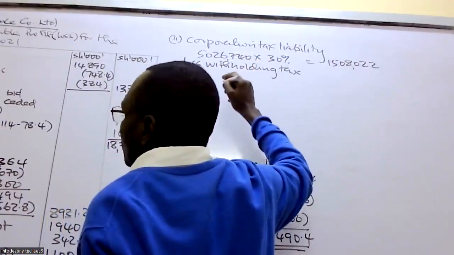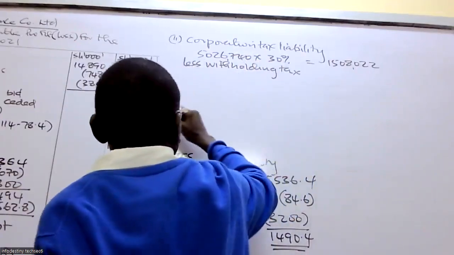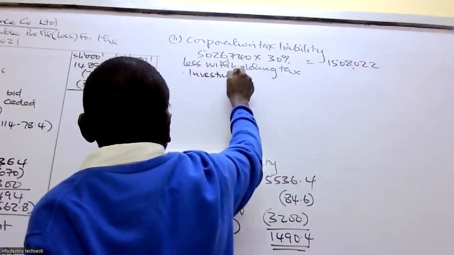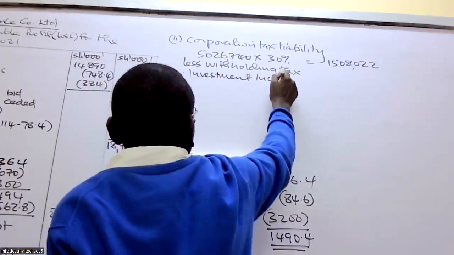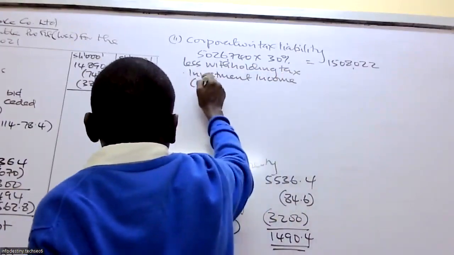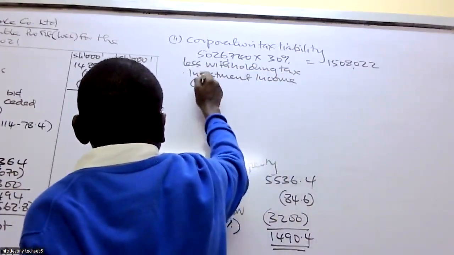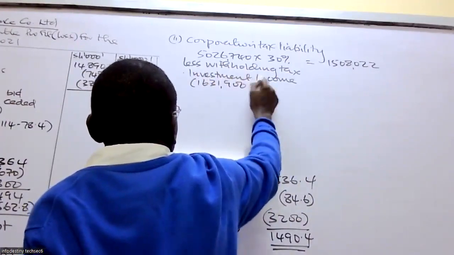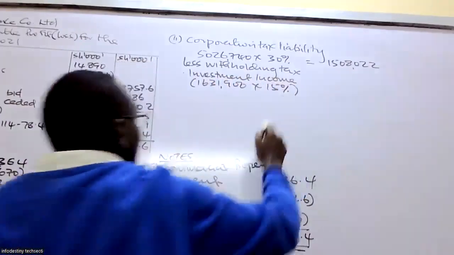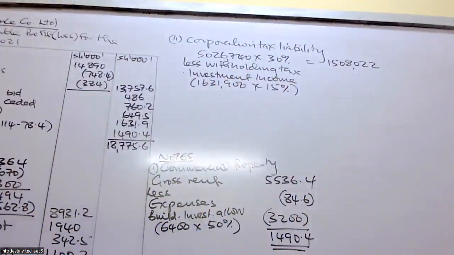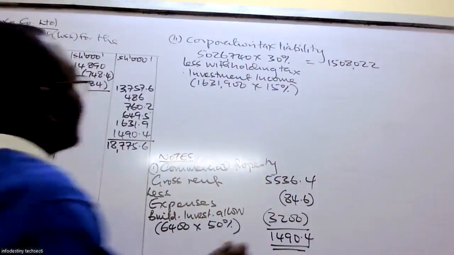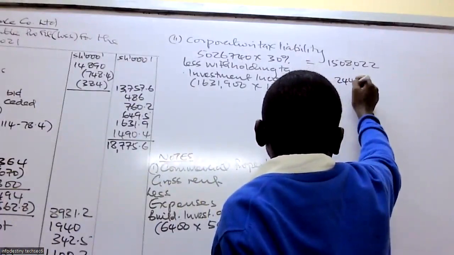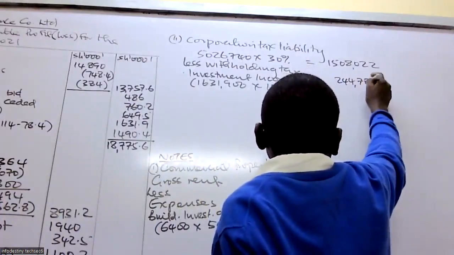So withholding tax will be on investment income of 1631.9. You get 15% of that. 15% of 1631.9 is 244.785.